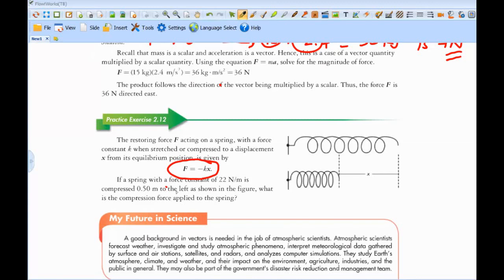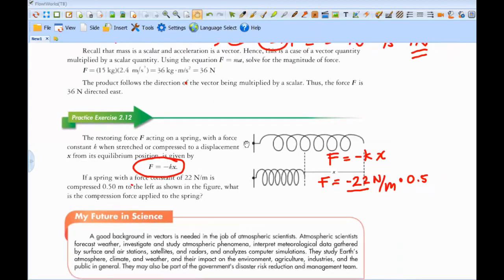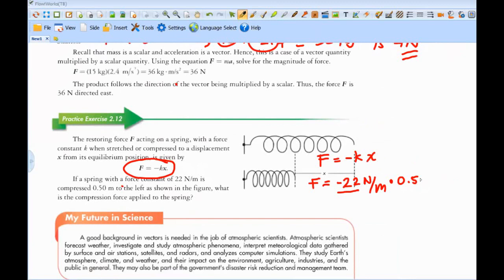All right. So that is a constant. This is 22 newtons per meter. So we have the formula force is equal to negative kx. The given is the spring constant, which is 22 newtons per meter. Since it is to the left, negative 22 newtons per meter multiplied by 0.5 meters.